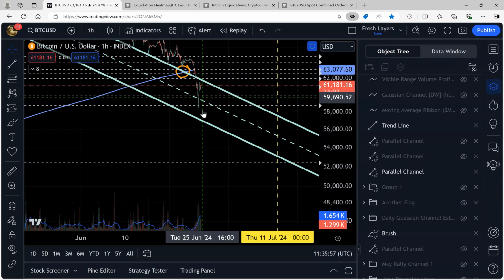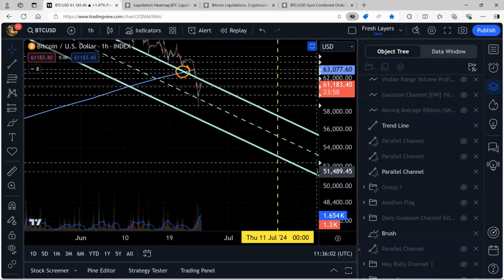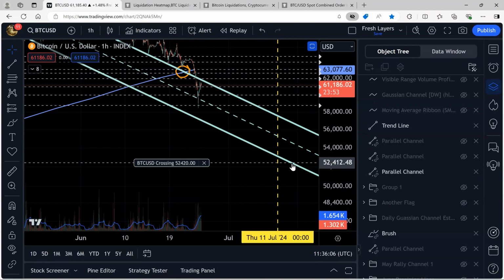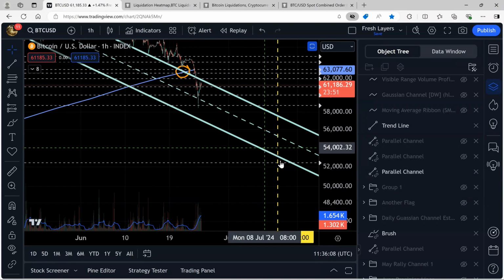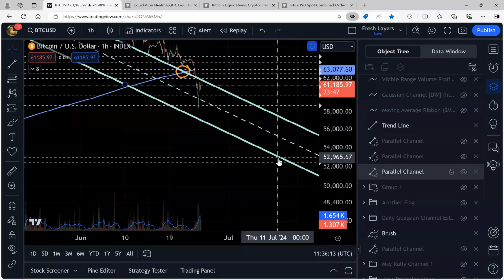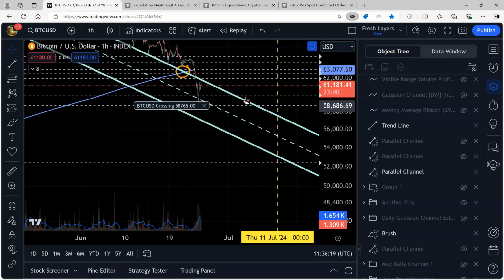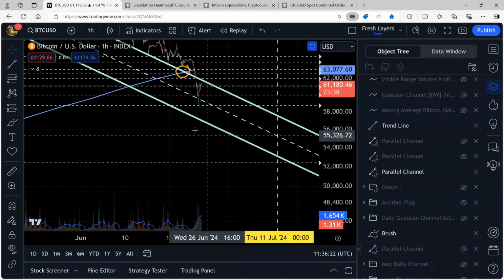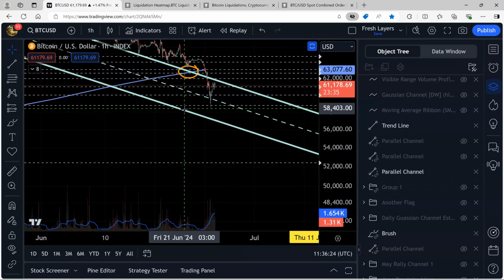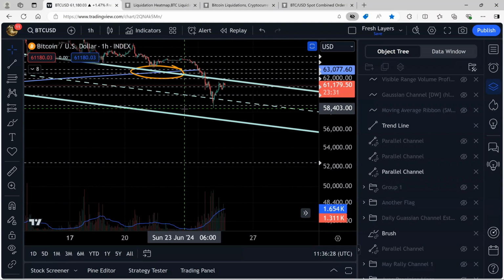And if we stayed in this channel, actually, we wouldn't get down to 52 until, well, around this CPI data release. So that's one thing to think about. So what's really important right here and now is that we are in this channel and we need to get out of it.